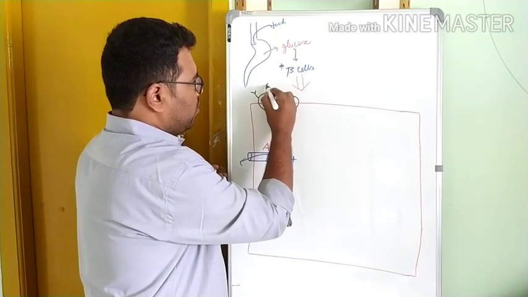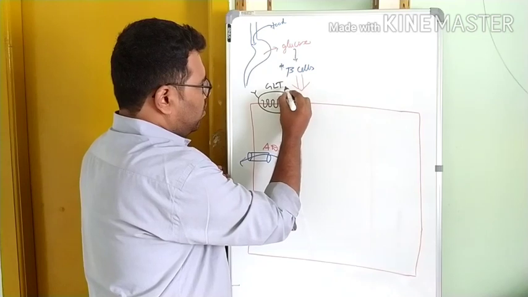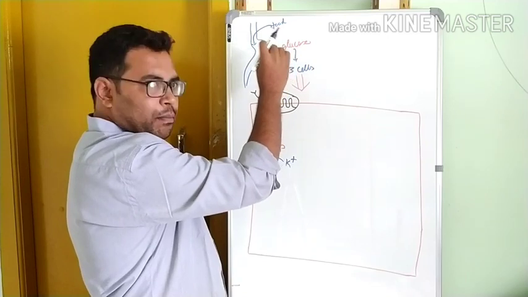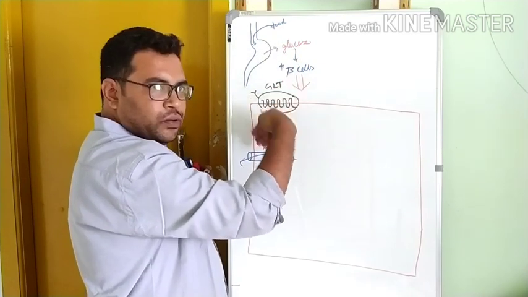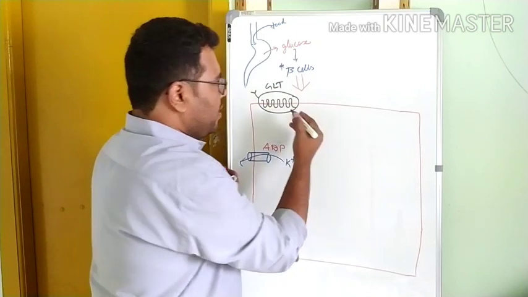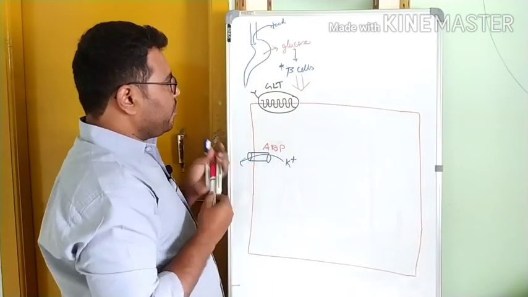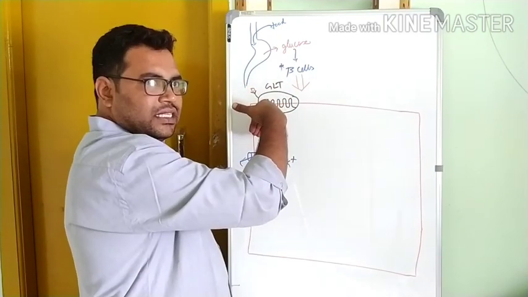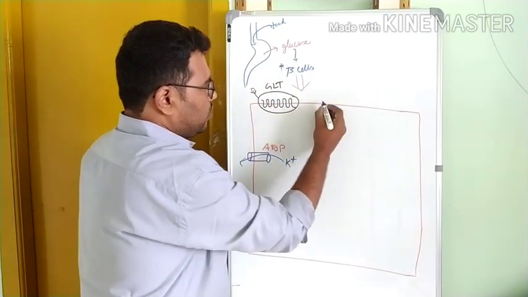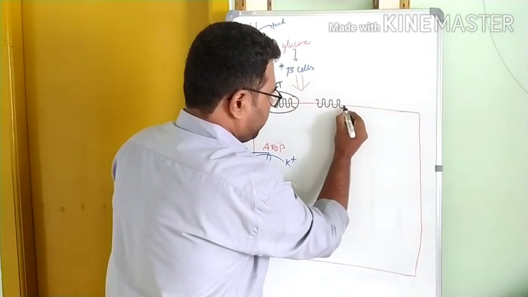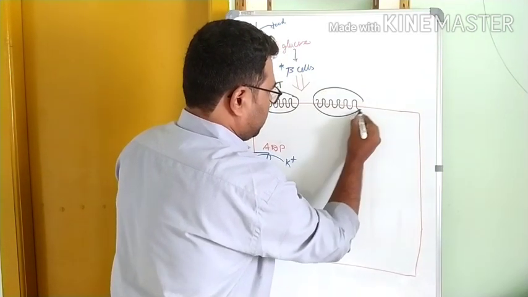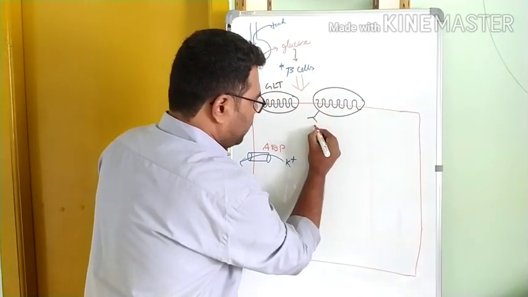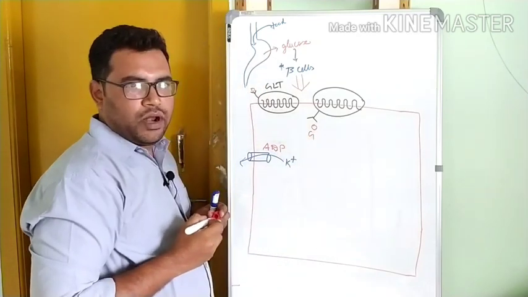Right, so this is a glucose transporter. It will capture the glucose in the blood and move it into the cell, right? Whenever it captures a glucose molecule, it drags it into the cell. Here I am showing that glucose molecules enter into the cell. This is a glucose molecule.